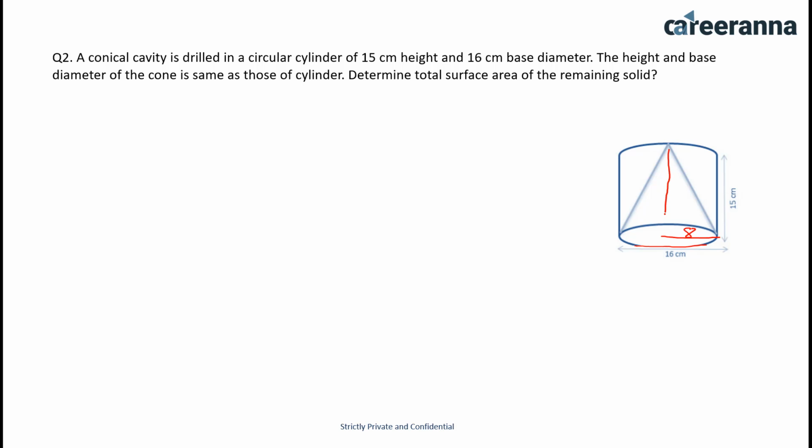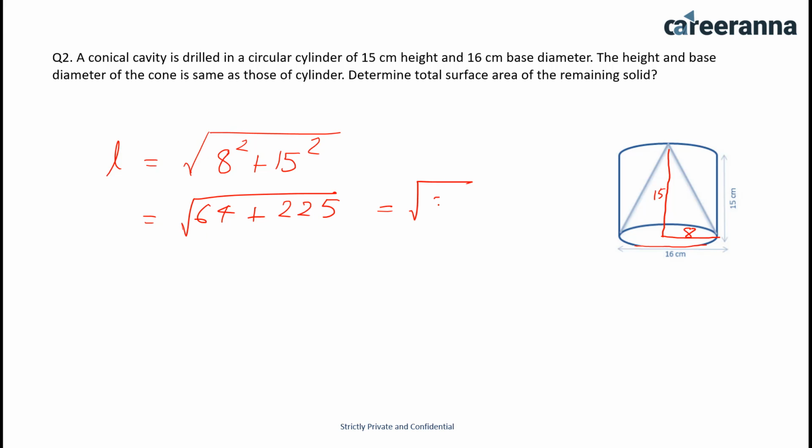Now if height is given to me, I need to find the slant height. So slant height L is root of 8 square plus 15 square, which is 64 plus 225. This comes out to be root of 289. So slant height comes out to be 17.